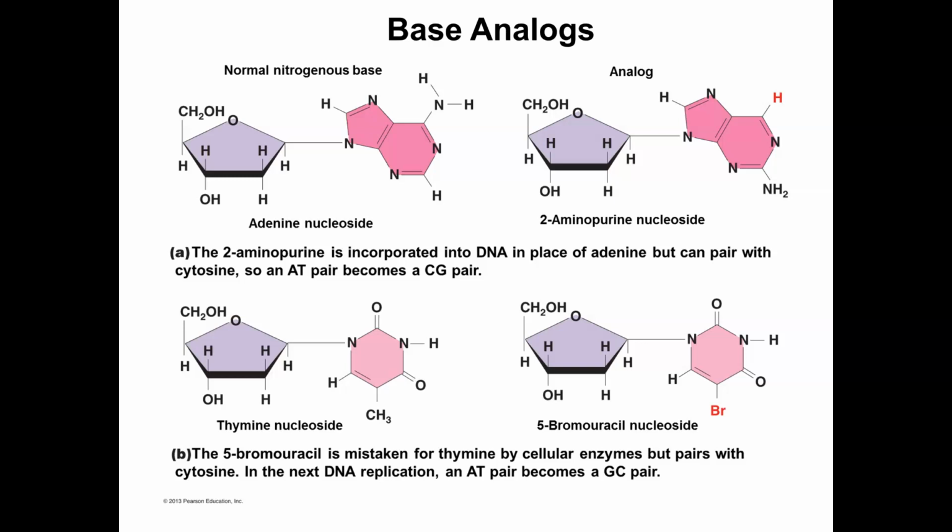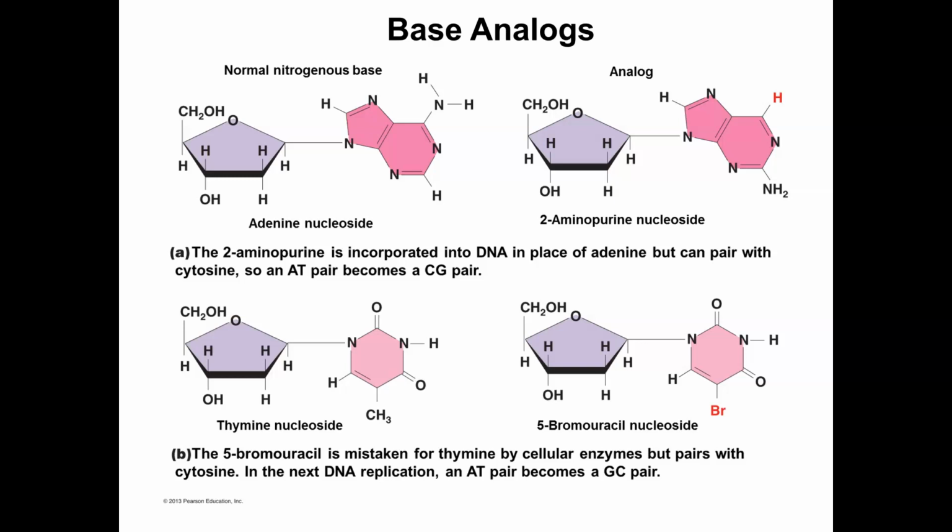All right, now base analogs, another example. These are chemical mutagens that look just like nucleotides, but they have different base pairing rules. So these guys can replace nucleotides in a very negative way. So for instance, at the top, we have adenine again, top left. Its analog is 2-aminopurine. 2-aminopurine can base pair with either T or C. So that is also going to lead to point mutations because this can trick DNA polymerase into throwing in the wrong nucleotide.